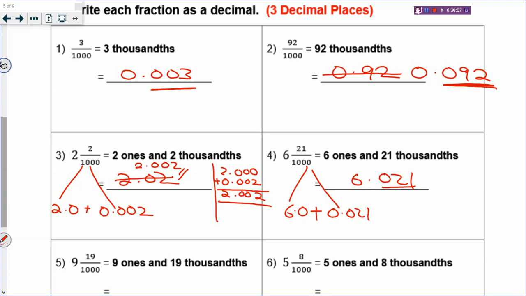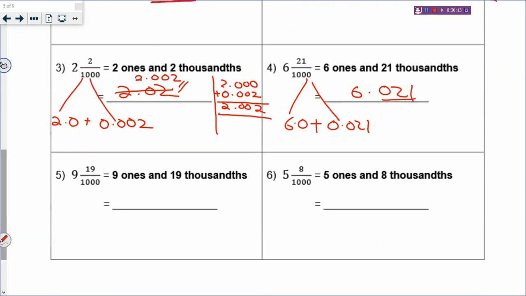And then you add them together, that's how you get 6.021. Okay? Now, you ask me, do I need to break up the fractions? If I know how to do it already, then yeah, you don't have to break up the fractions if you know how to get the answer quickly, without careless mistakes.